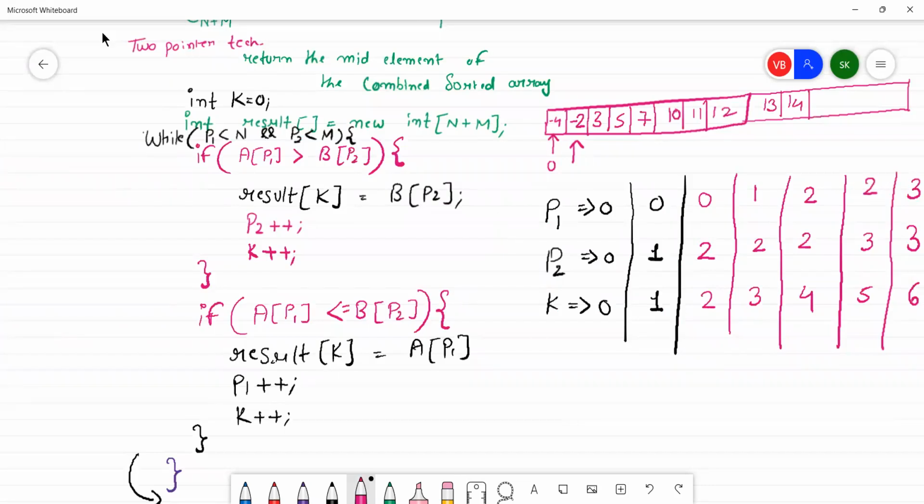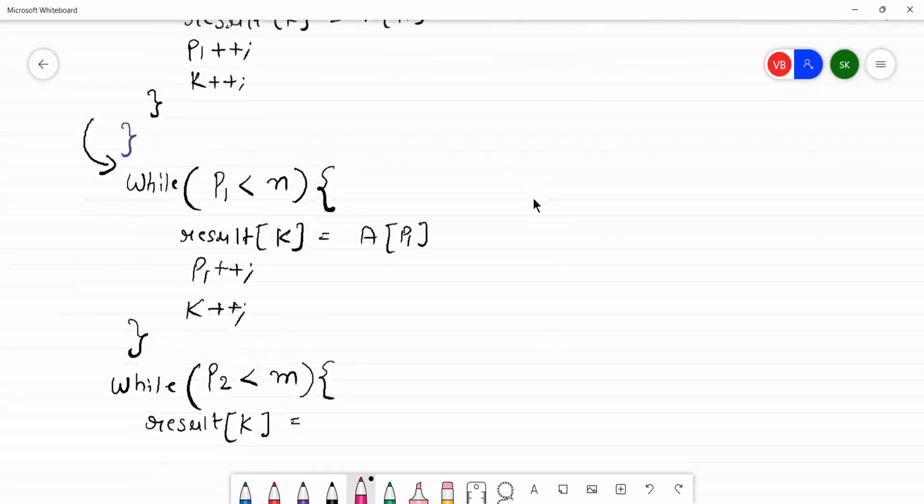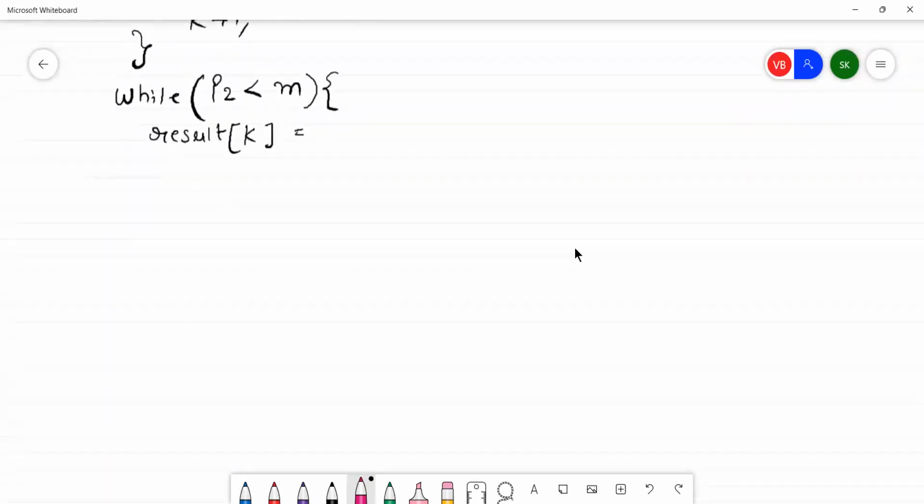Everyone, did you get Mohan's doubt? Yes, Mohan, did you get the answer for your question? Okay, great. And others, what about you? Did you get his doubt? Here, I'll just finish up the code.